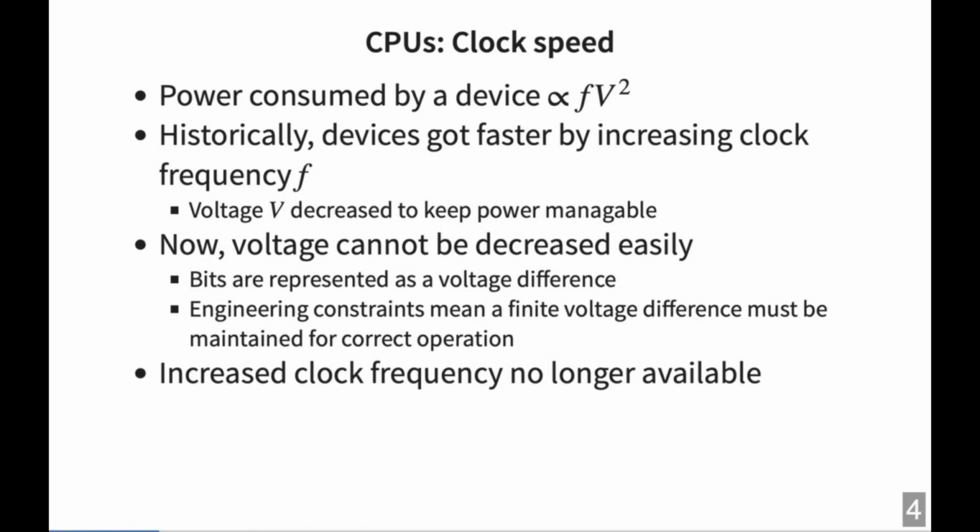Because of fundamental engineering limits, basically related to power consumption, increases in clock speed are no longer really possible, because as clock speed goes up you have to reduce the voltage, and you need a finite voltage to represent your bits as 1s and 0s.